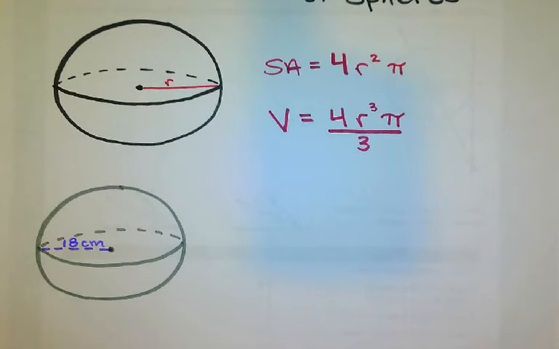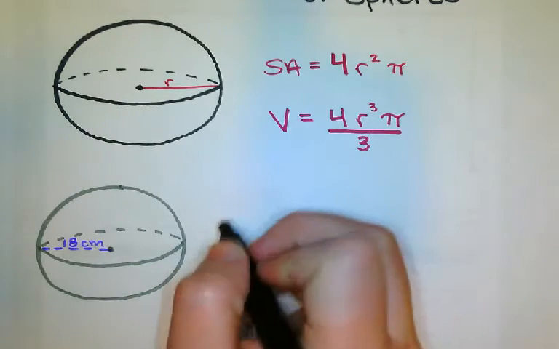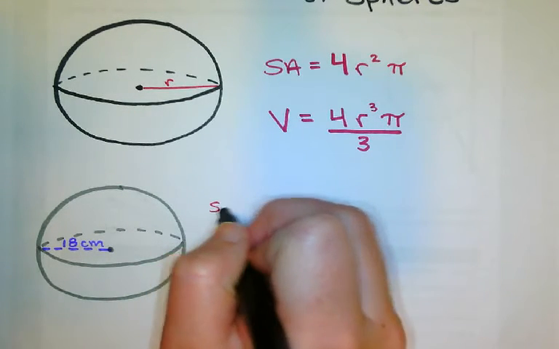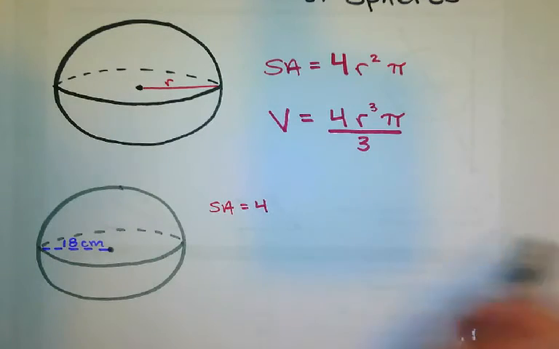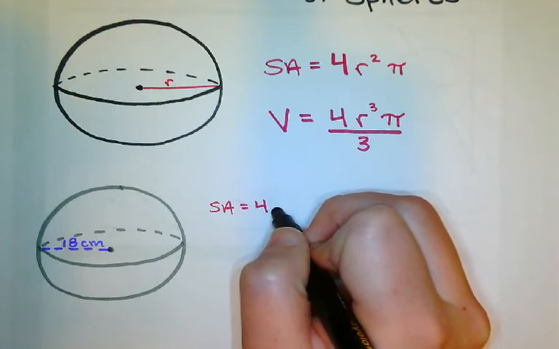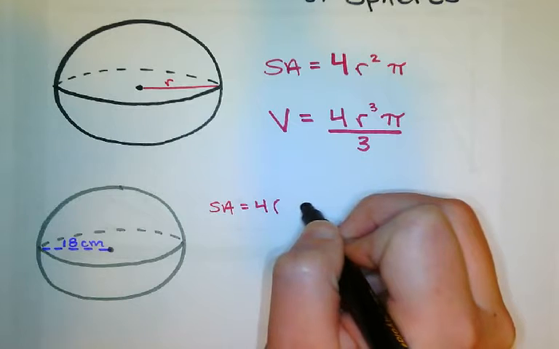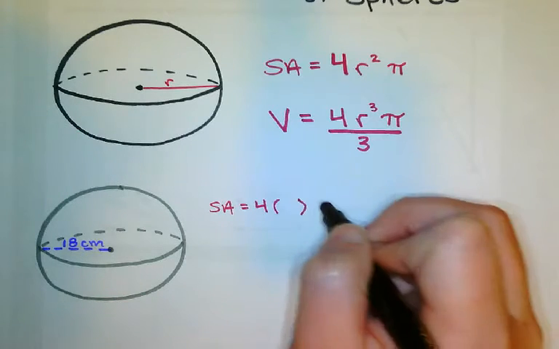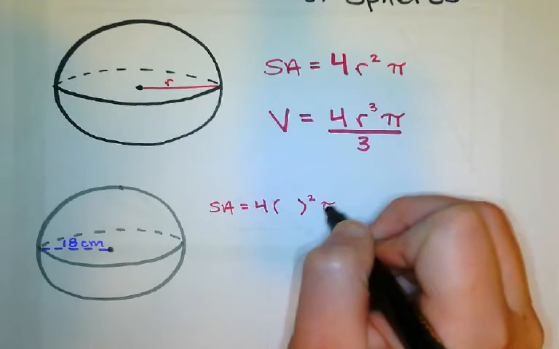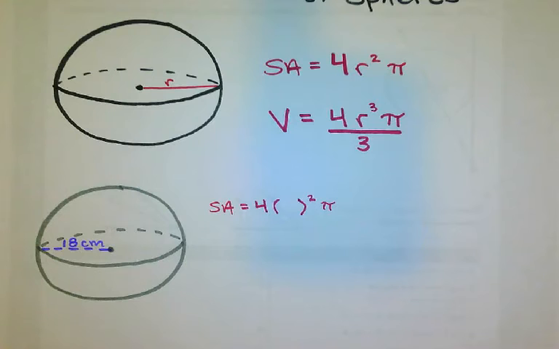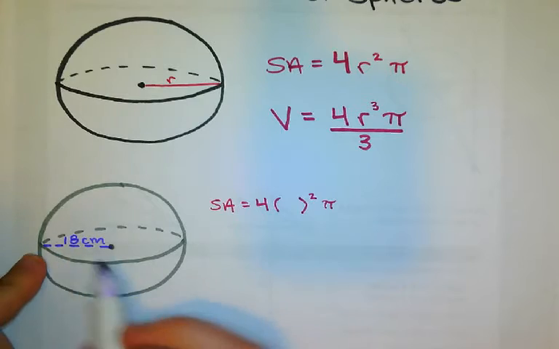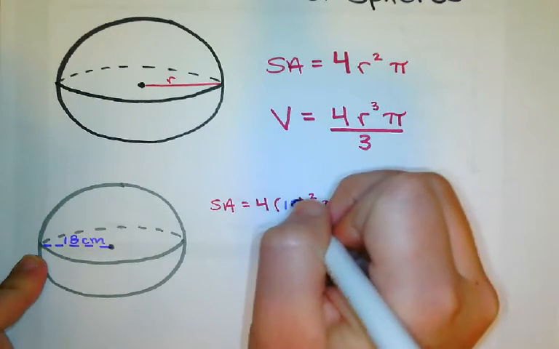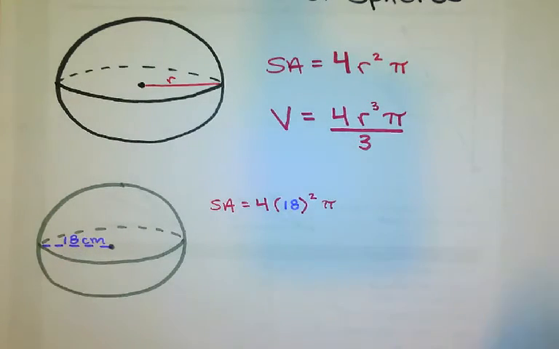Let's start with surface area. Remember that surface area is 4 times your radius, I'm going to put parentheses here for our radius, squared, and then pi. What is our radius? Well, we can see right here the center to a point on our sphere is 18 centimeters.